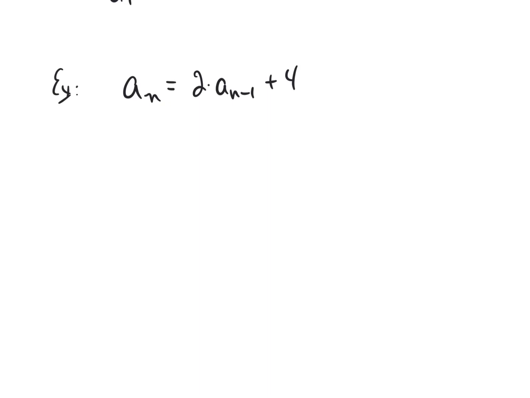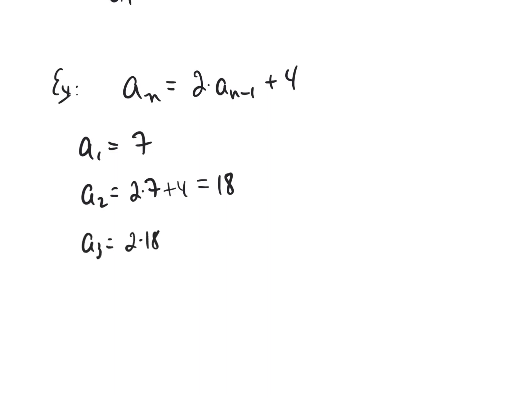Well, what you'd have to do is have a starting point. And again, let's just have a nice easy starting point like 7 or something. Okay, and then the next term we would get by taking 2 times the previous term plus 4, which gets us to 18. We take 2 times the previous term plus 4, which gets us to 40.